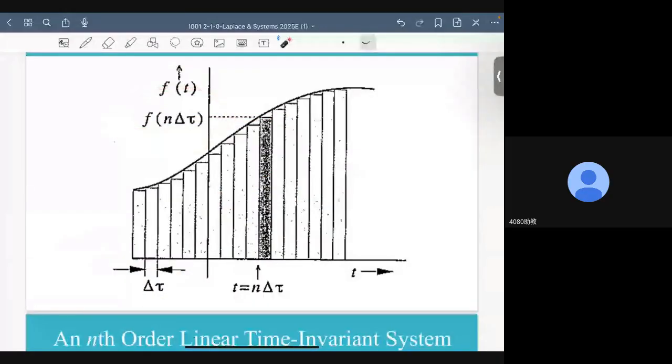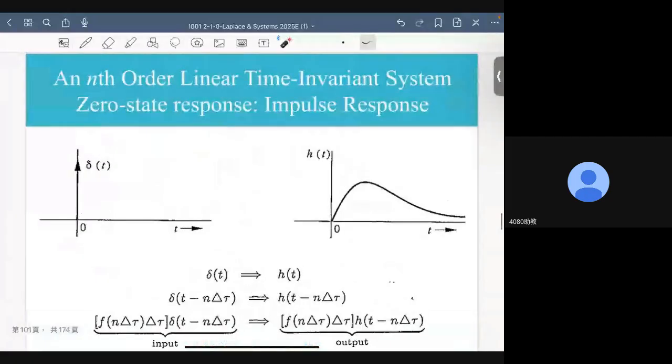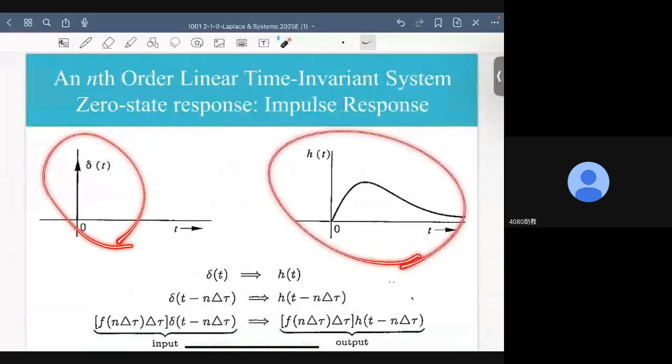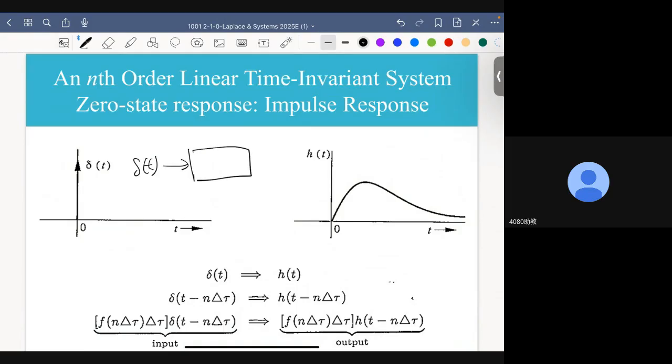The next thing we assume is that if this is the input of the system, then the output of the system appears like this. This is an impulse function. So h of t, by definition, is called the impulse response. If I have a linear time invariant system and I apply delta t to the system, the resulting output will be h of t.